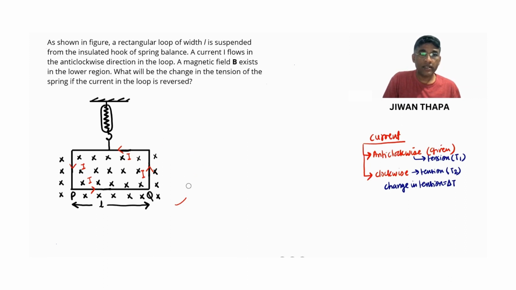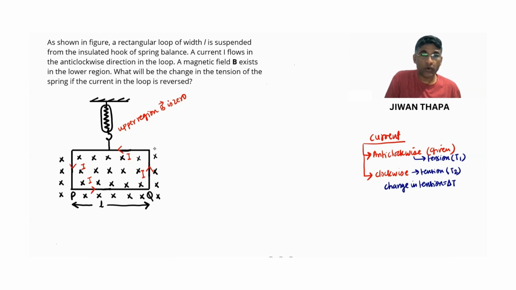Now, a magnetic field B exists in the lower region. In the upper region, the magnetic field is 0.